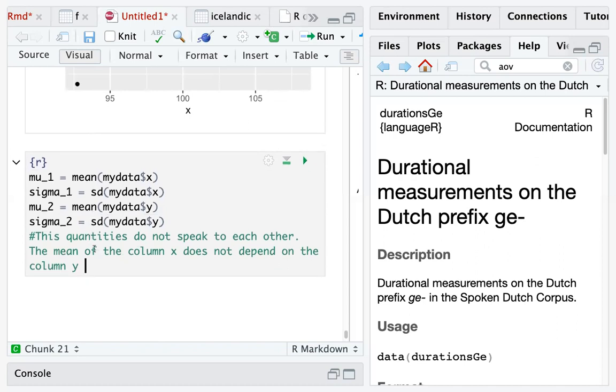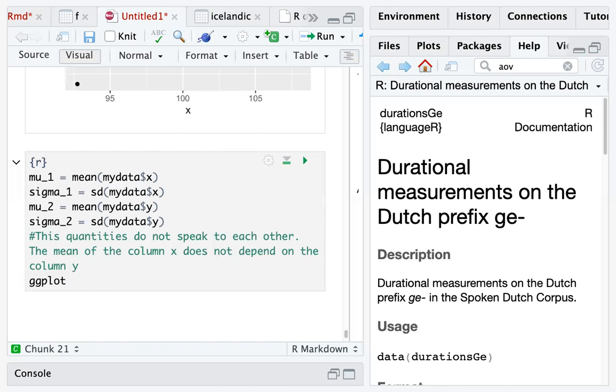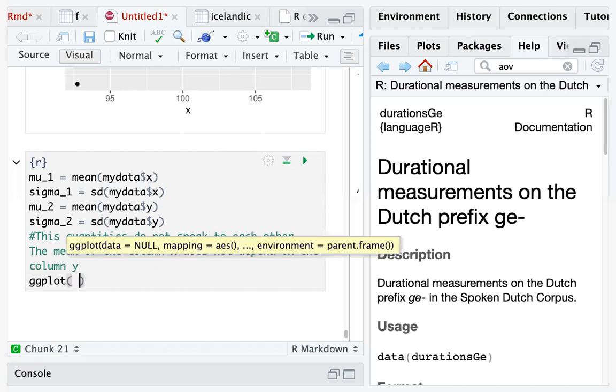So we want to define a kind of different statistic. So let me plot the mean of each.